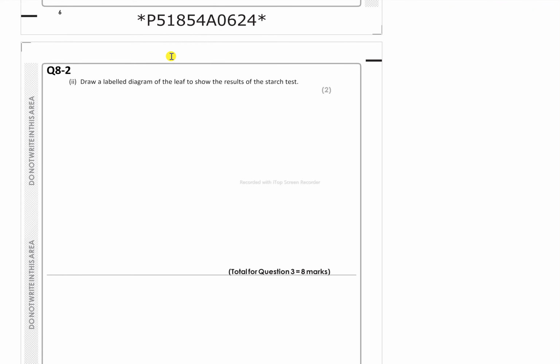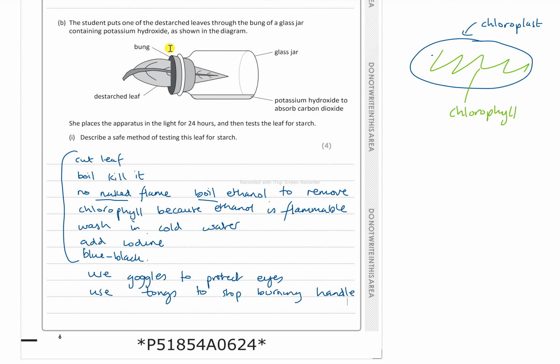Okay, that's that. Right, so you've got a leaf here. So what I'm going to do is draw a leaf here. So remember, that's that line there.